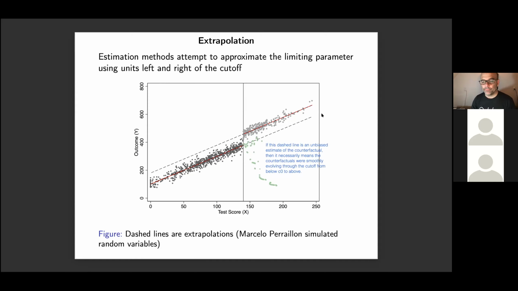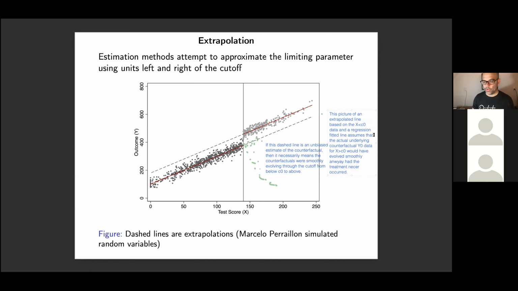This picture right here, of an extrapolated line based on the XC0 data and a regression fit, assumes that the actual underlying counterfactual Y0 data for X greater than C0 would have evolved smoothly anyway, would have evolved smoothly anyway had the treatment never occurred.